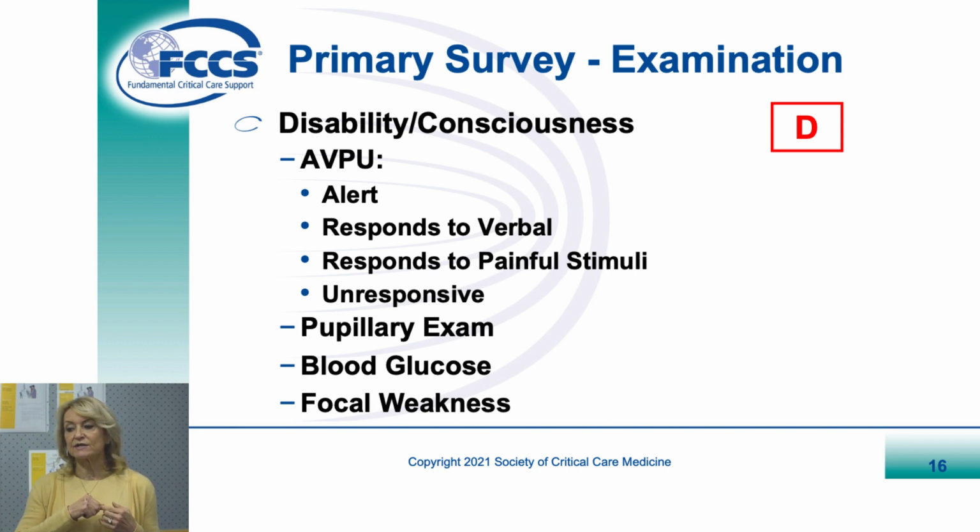And then under disability and consciousness, I put blood glucose as well, because hypoglycemia can present as loss of consciousness, and you don't want to forget it, especially in a hospitalized patient who may have been inadvertently administered insulin, which I can tell you has occurred more times than I would like to talk about. And then focal weakness, because a sudden stroke needs urgent intervention of a different kind.